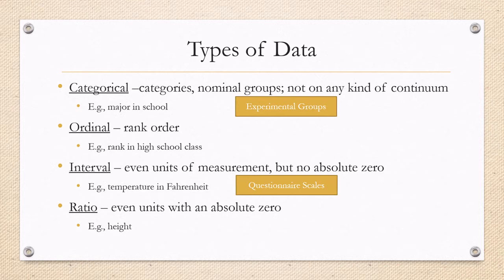So for example, temperature in Fahrenheit is on an interval scale. 0 degrees Fahrenheit is relative. A ratio scale has even units, but it also has an absolute zero. So something like height. There can be 0 height.